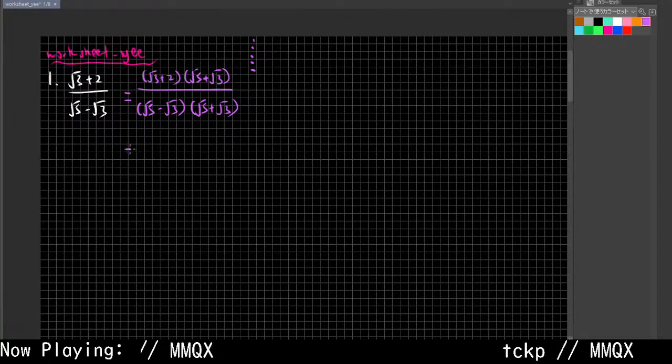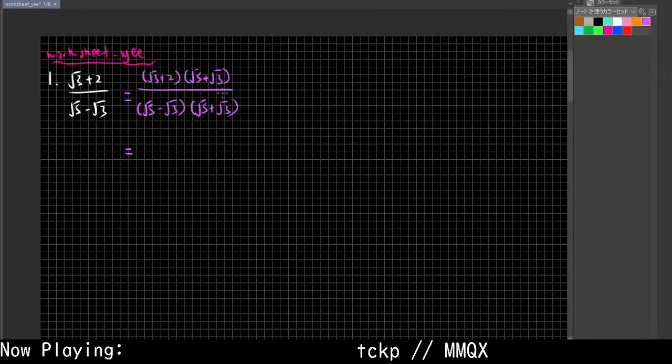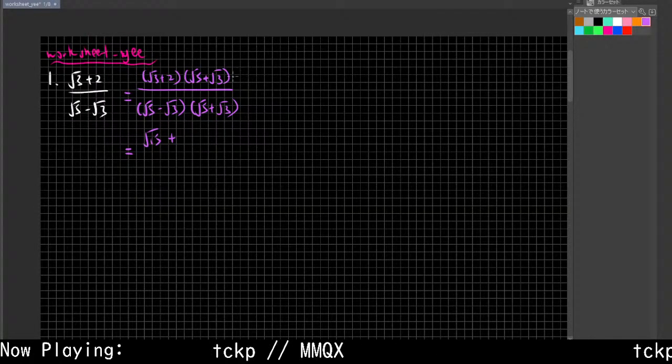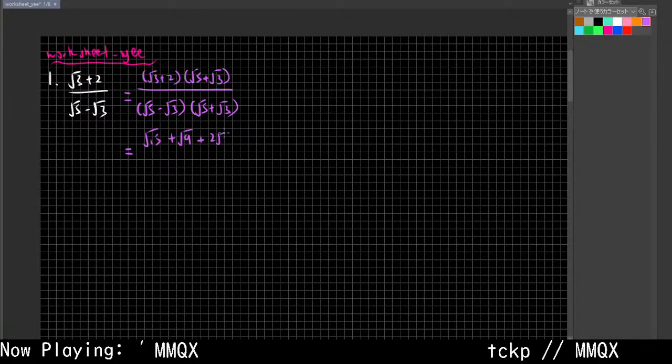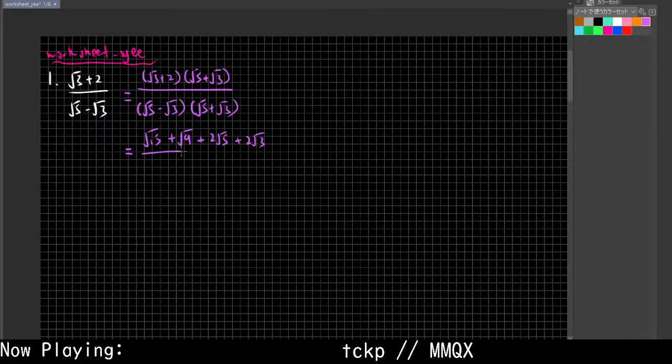So anyway, this should be equal to, you just multiply inside. So this should be equal to 5 squared plus 3 squared, and then minus 2 times square root 5 times square root 3. Expand the top, then expand the bottom.